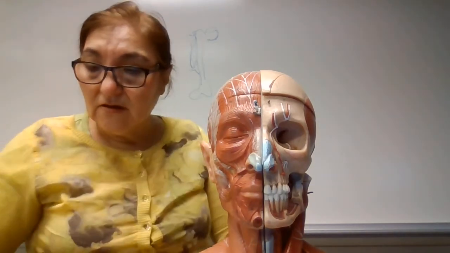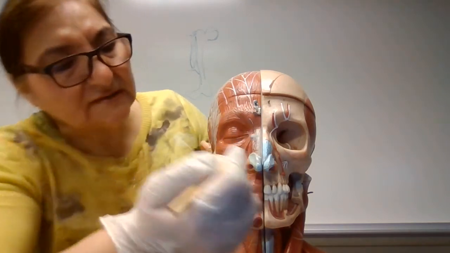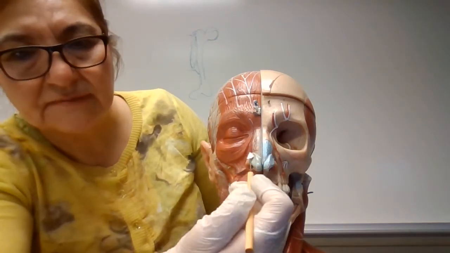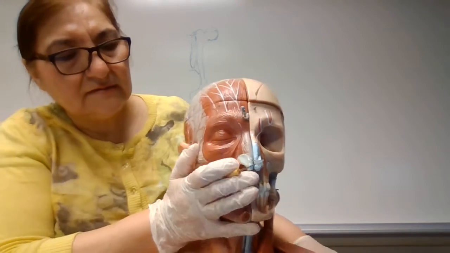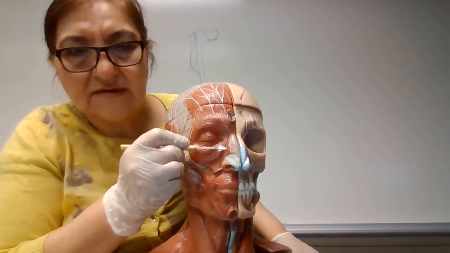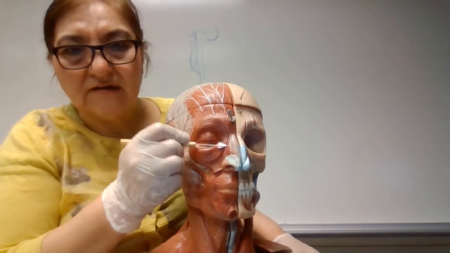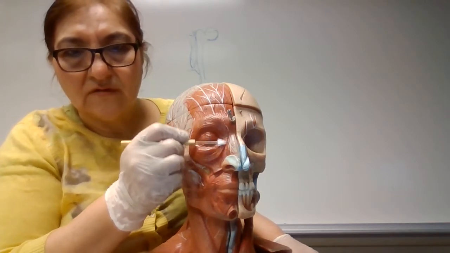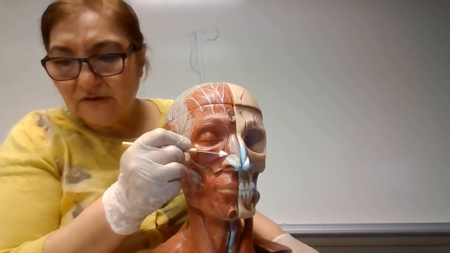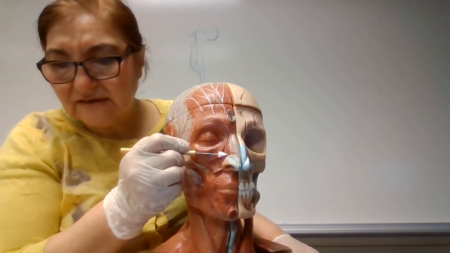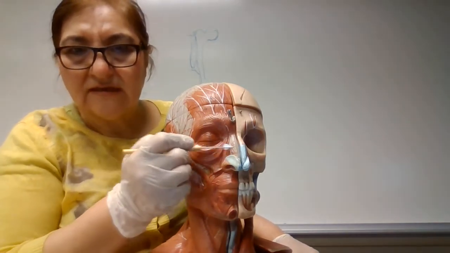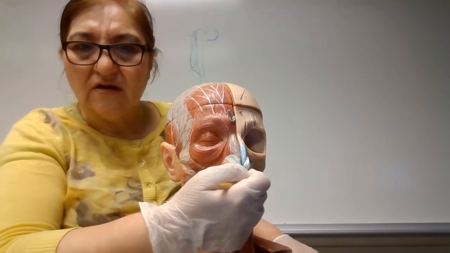The next muscle is the nasalis muscle. The nasalis muscle is located on the nasal bone. The origin of the nasalis muscle is what? Maxilla. This is the upper jaw bone, maxilla; the lower is the mandible. The nasalis has its origin on the upper jaw.